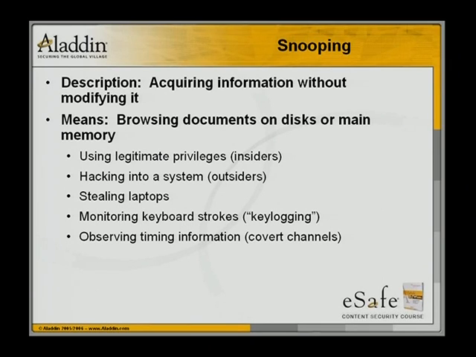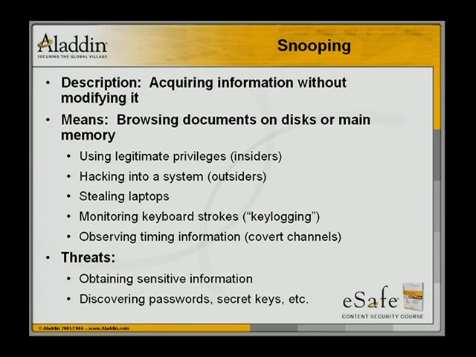I use legitimate privileges, or I hack into the system from the outside, such as stealing laptops, monitoring keystrokes, which is called keylogging, and observing timing information. It's like covert channels. Threats: obtaining sensitive information and discovering passwords, secret keys, etc.